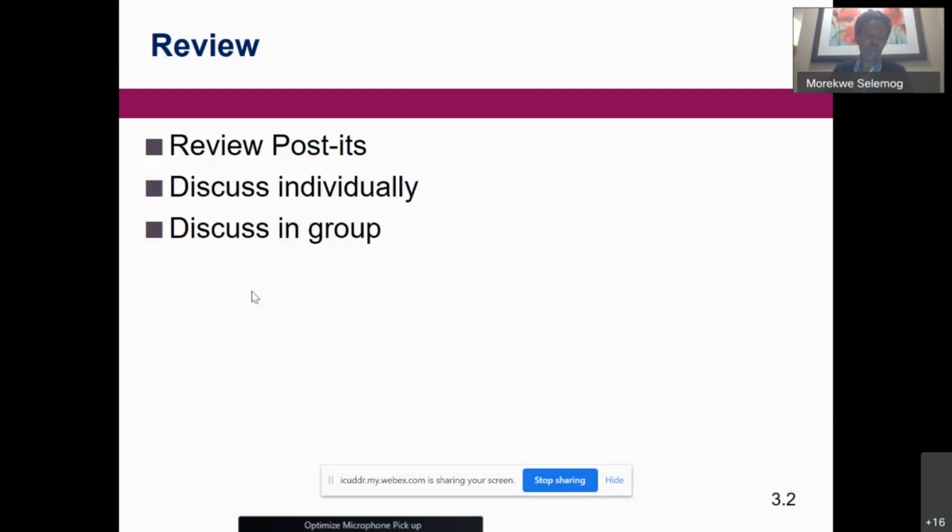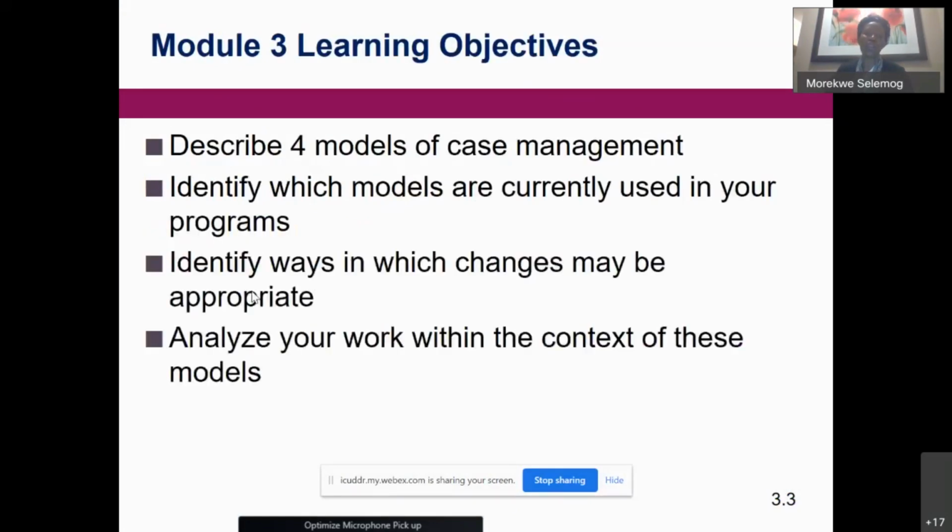But when you are in your respective areas and doing face-to-face, I'm hoping that you will definitely have time to discuss it individually and in groups. So now let's look at what the module actually entails. We are going to describe 4 models of case management, which are usually used in SUD treatment.